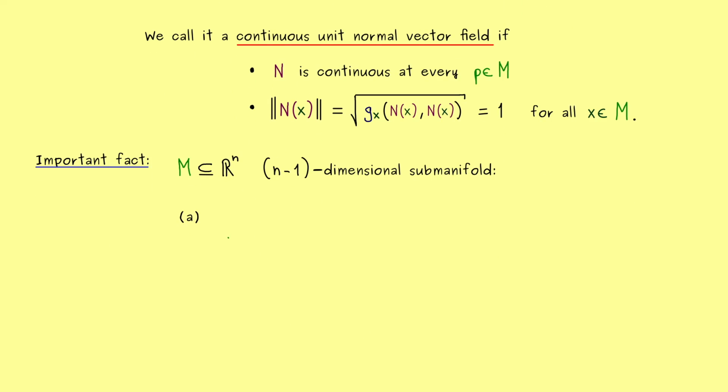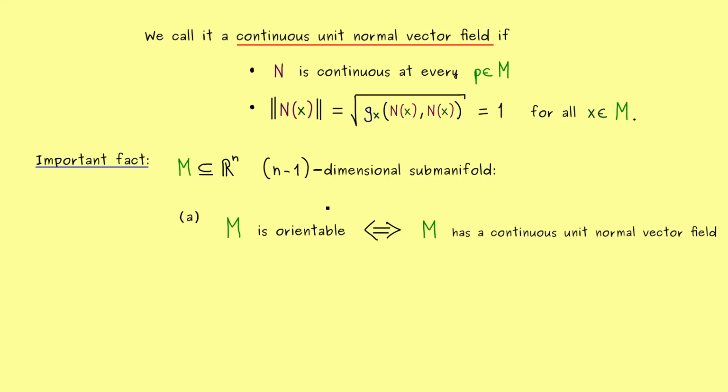And now it turns out, for such manifolds, we can rewrite the notion orientable. Because we have that M as a smooth manifold is orientable if and only if we can find a continuous unit normal vector field on M.